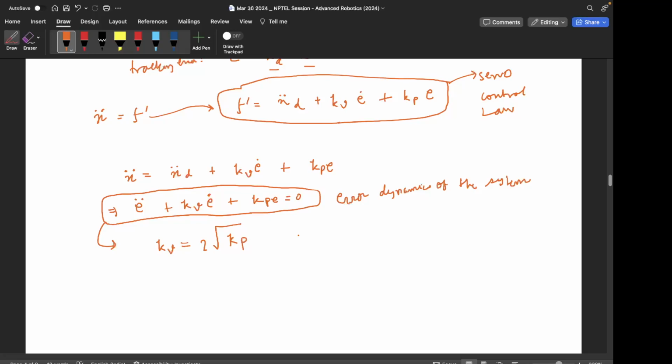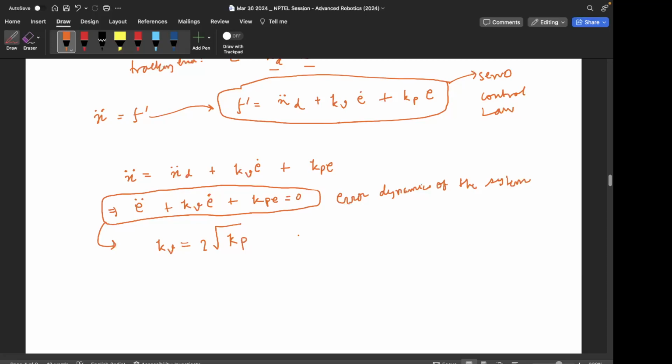So the insight here is that by doing control law partitioning, we transform the system to a unit mass system, and then choosing the servo control law becomes very straightforward. And finally we get a second order error dynamics of the system, and the gains can be chosen very intuitively.